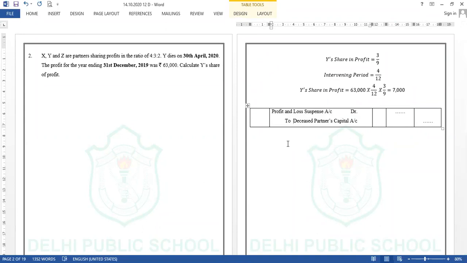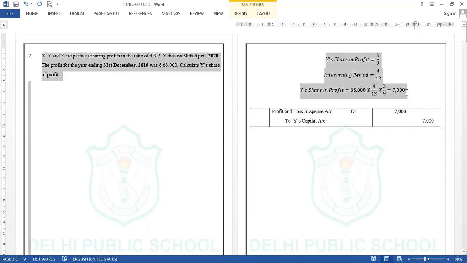Right now Y dies, so it has to be Y's capital account, to Y's capital account, and the amount is rupees 7,000. That's all, if we are asked to journalize. So we are done with the calculation of the deceased partner's share in profit and the entry, if asked.